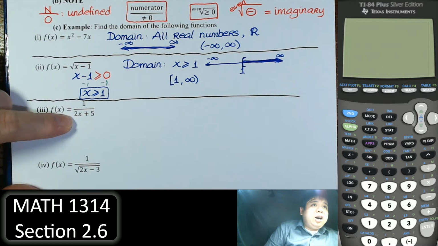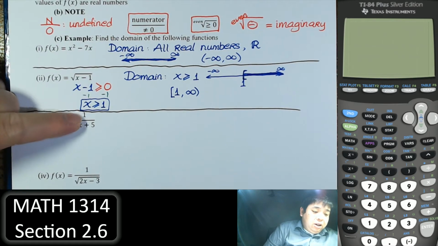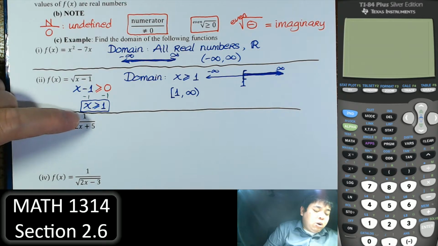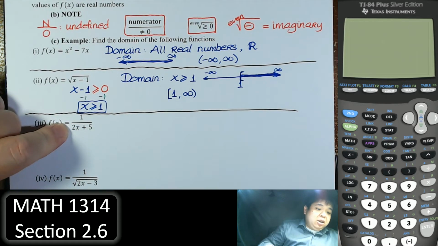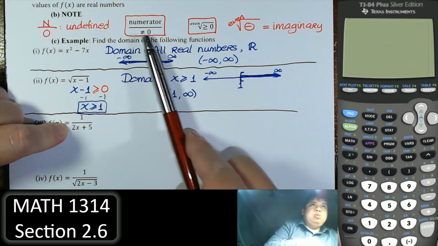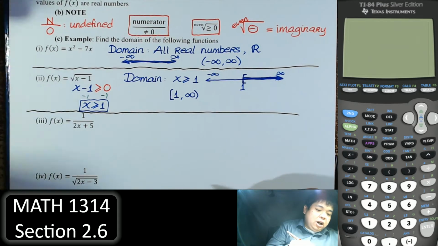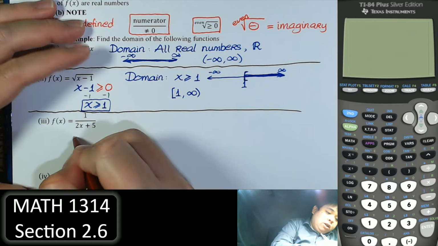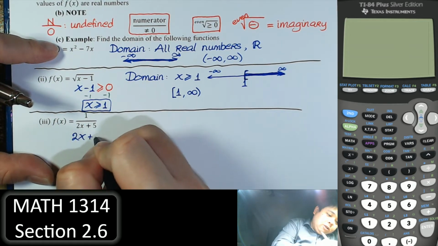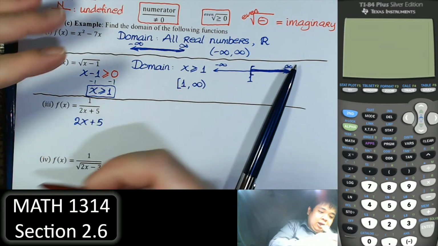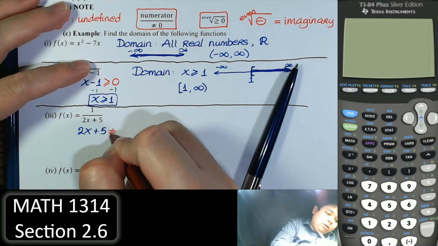Right. Next, we have a rational function, or we have something divided by something. In that case, the denominator must not be equal to 0. So pretty much those are the two rules we need to watch out for. So here we have 2x plus 5 cannot be equal to 0.